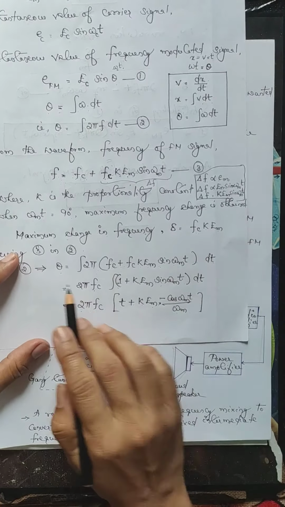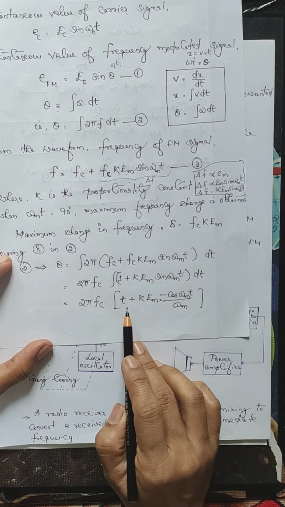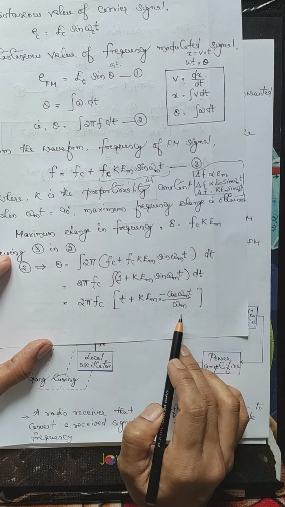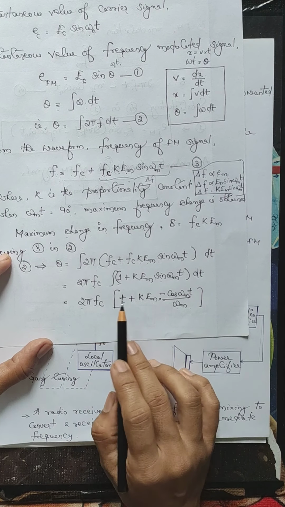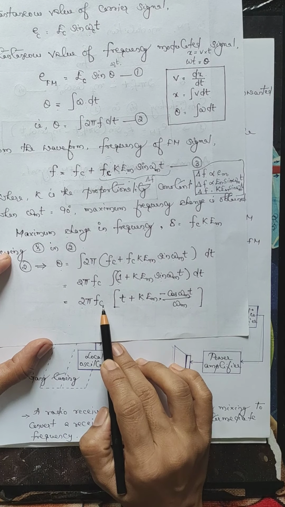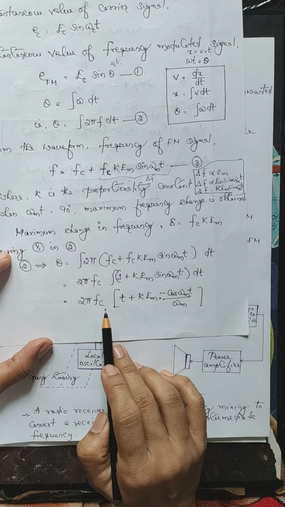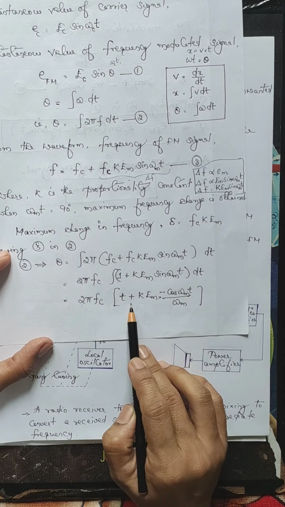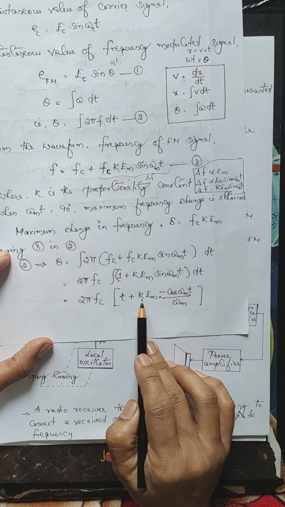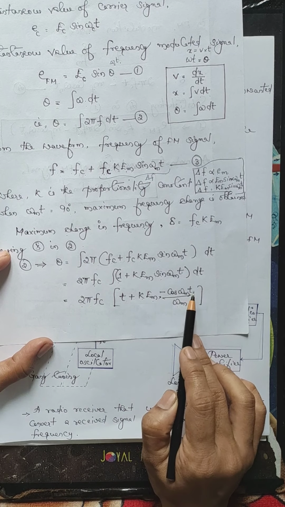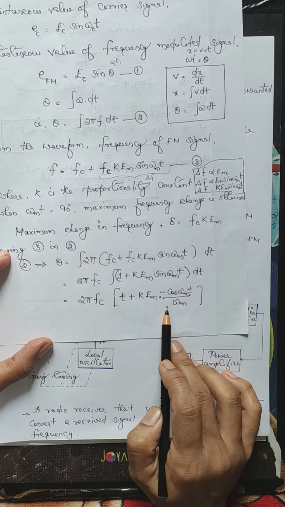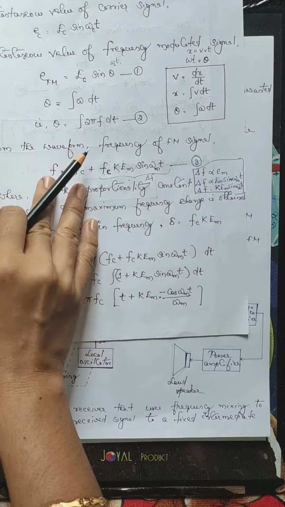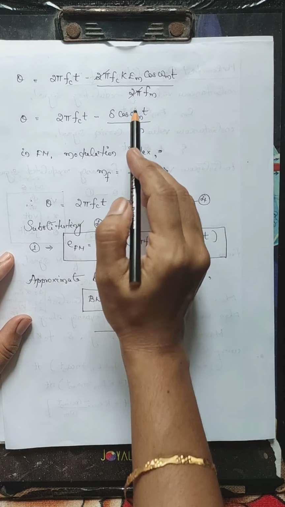So we got theta like this: 2 pi fc into t plus k Em into minus cos omega mt divided by omega m, and multiplying 2 pi fc into the bracket, we will get 2 pi fc into t plus 2 pi fc into k into Em into minus cos omega mt by omega m. Omega m can be substituted as 2 pi f1. So this will be the equation.